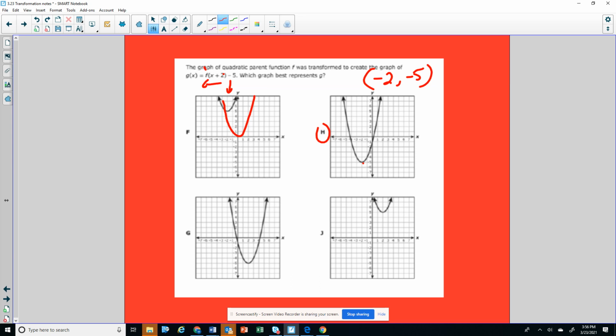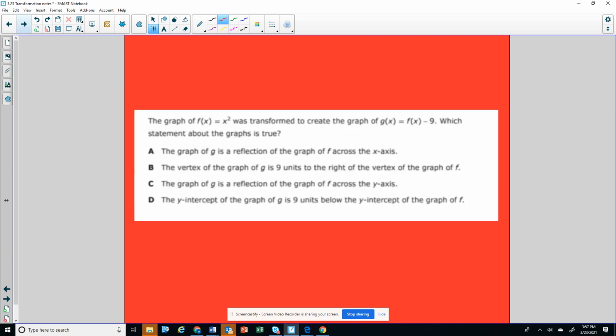All right, let's see what's next. Again, the graph of f of x, this is a parent function, was transformed to create a new graph of f of x minus 9. What does that tell you? Minus 9, that's the k value is negative, so what happens?